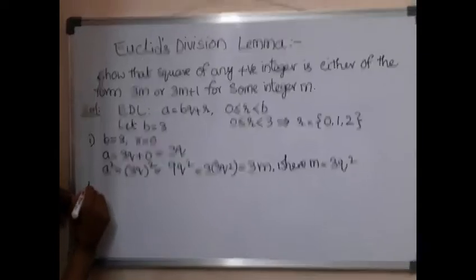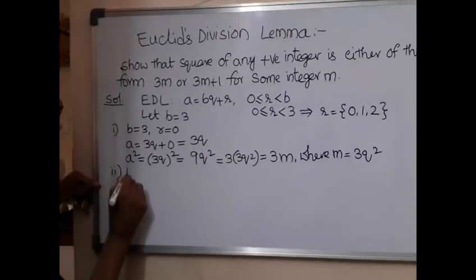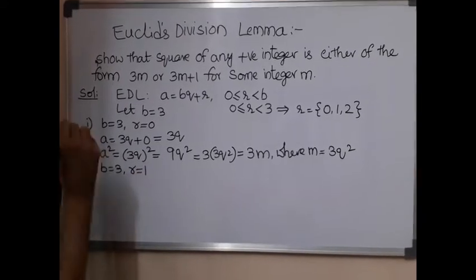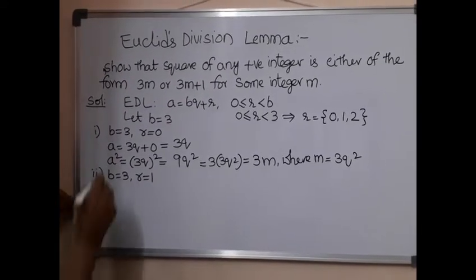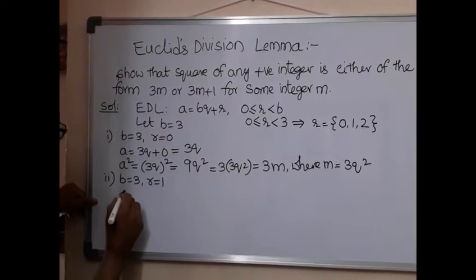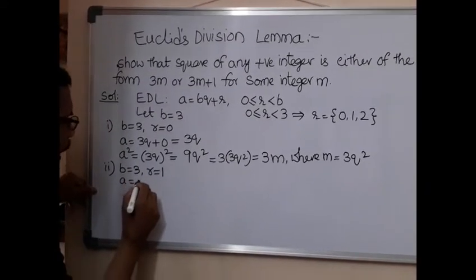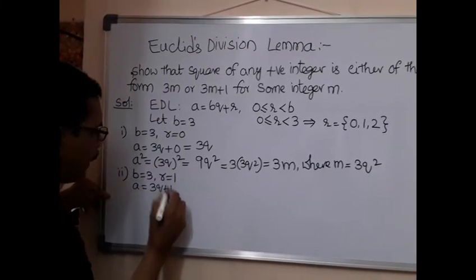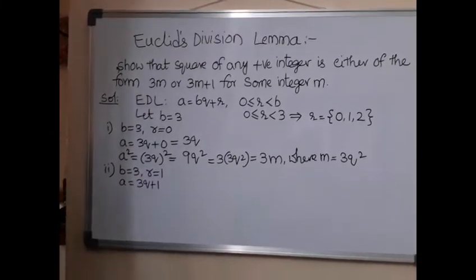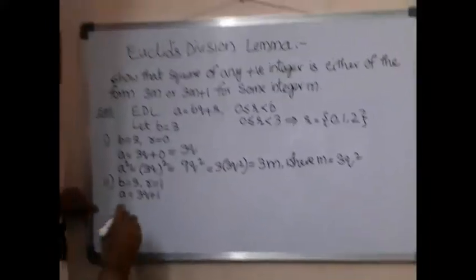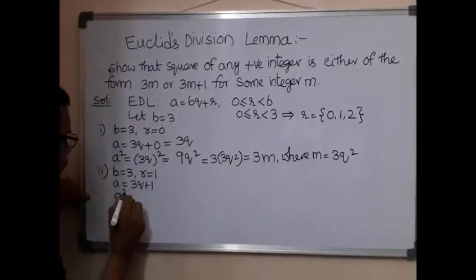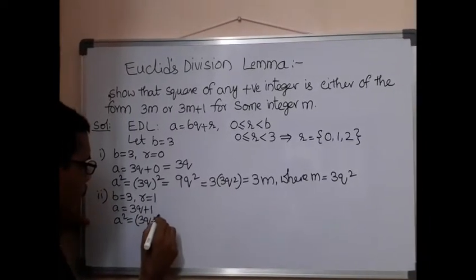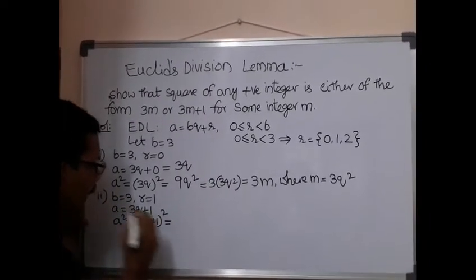Now in the second step, I will take b = 3 and r = 1. Substituting in a = bq + r form, a = 3q + 1. This is a positive integer. So the square of the positive integer, a square = (3q + 1) whole square.